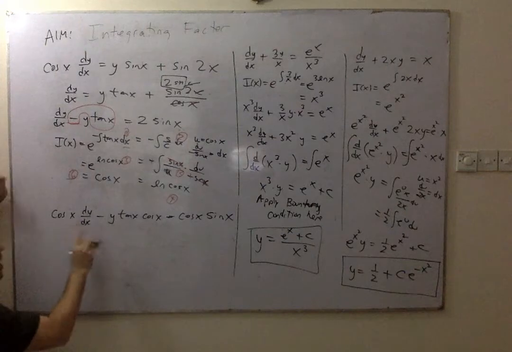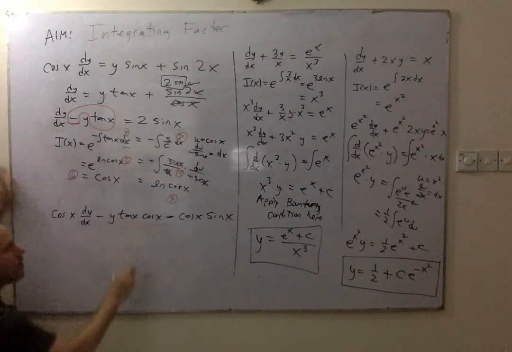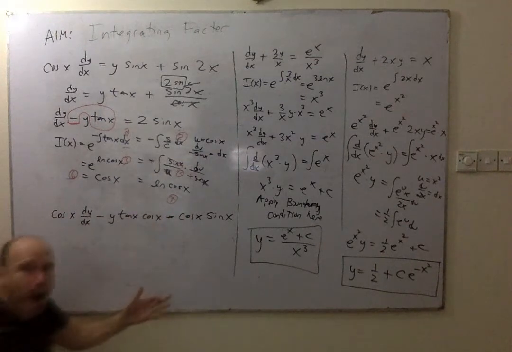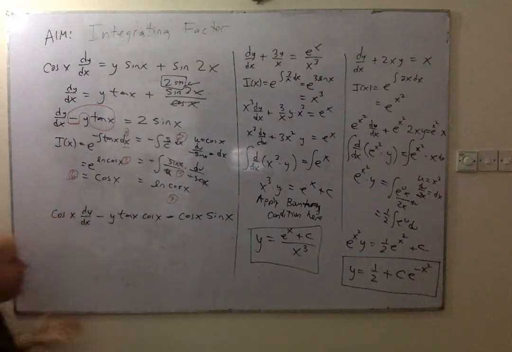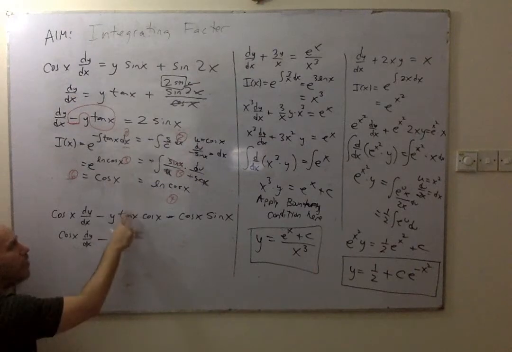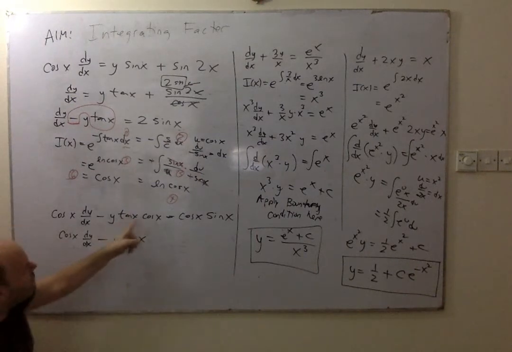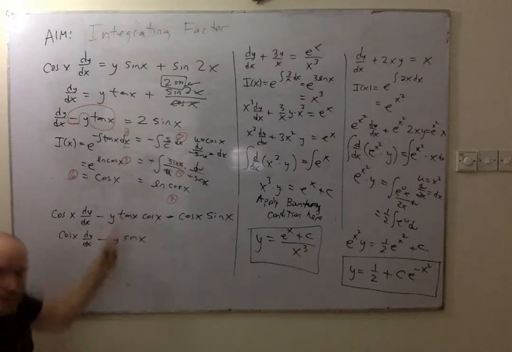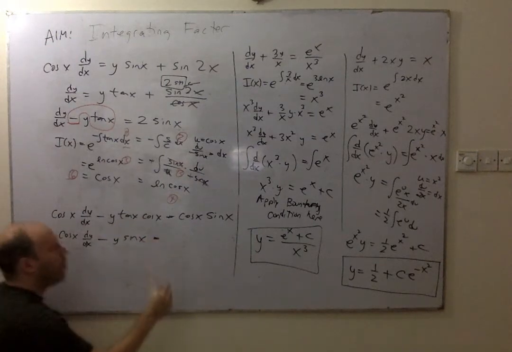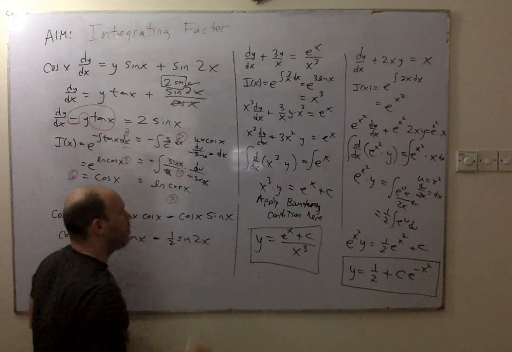Now, this works out nicely because let's just fix this up a little bit. My goal is to make my life easier, right? I don't want to deal with the sine and cosine, so hold on a second. We have cosine of x dy over dx minus, well, tangent is sine over cosine, so this is y sine of x. Please remember, tangent times cosine is sine. And this is equal to, ready? 1/2 sine of 2x.